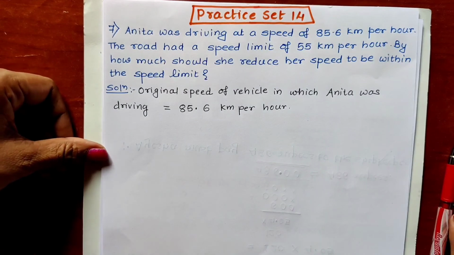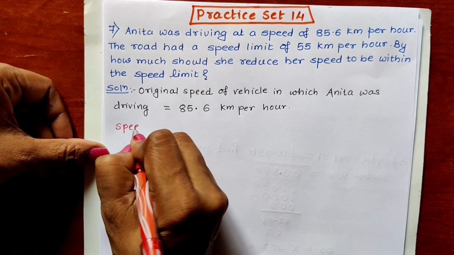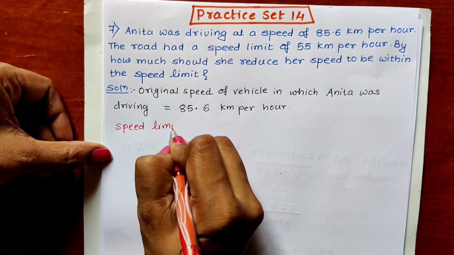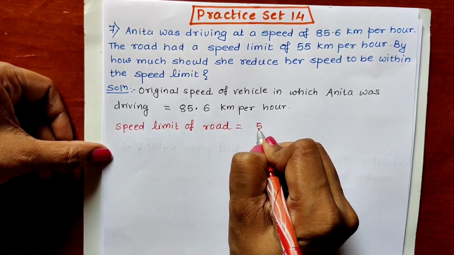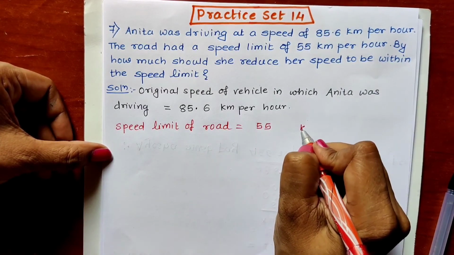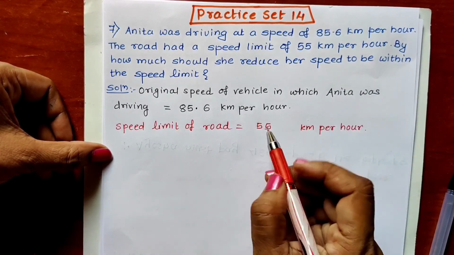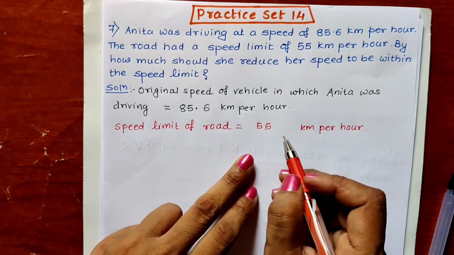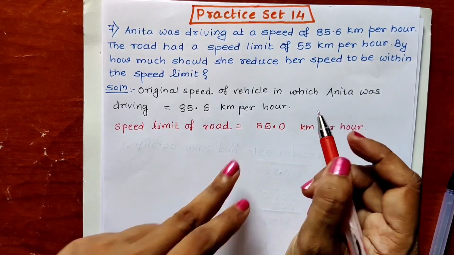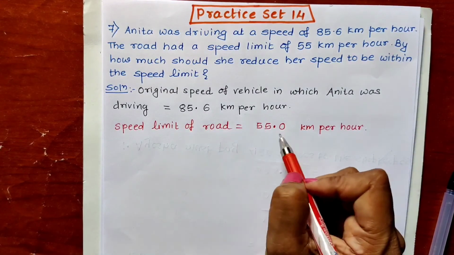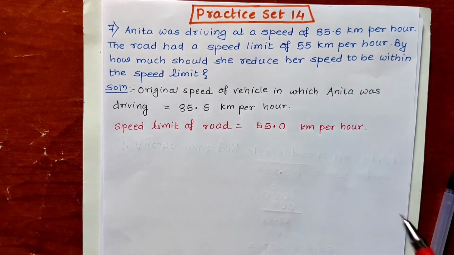What is the speed limit of road? Speed limit of road is 55, only 55 km per hour. After 55 no meter is there. 55 km, that means 55.0. We can put a decimal point and then we can write 0. 85.6 km per hour, and speed limit of road is 55.0 km per hour.